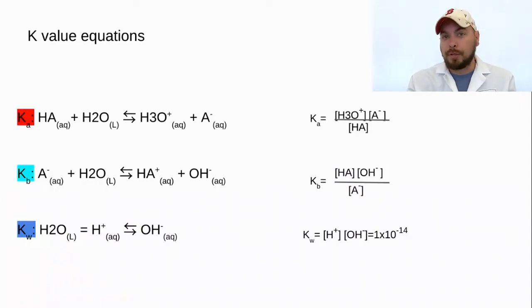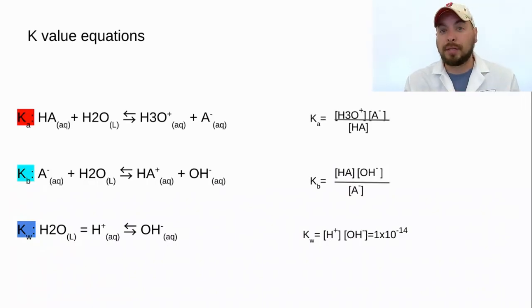Finally, with Kw, it's the autoionization or dissociation of water, where we have H2O dissociating into H+ and OH-. Remember, water is a liquid, so we don't include it in the equilibrium expression. So Kw is simply equal to the concentration of H+ times the concentration of OH-.